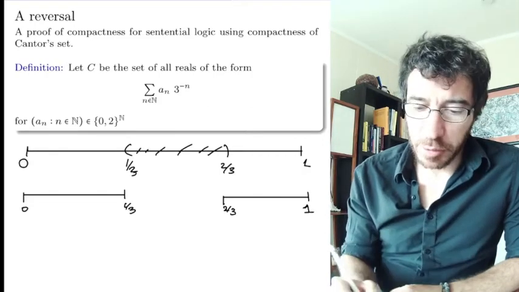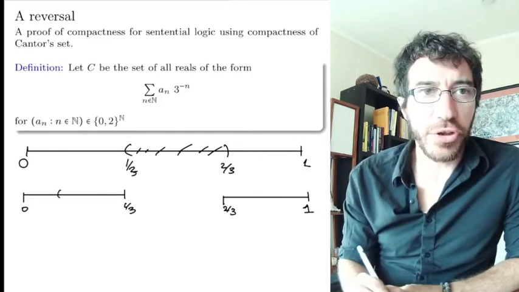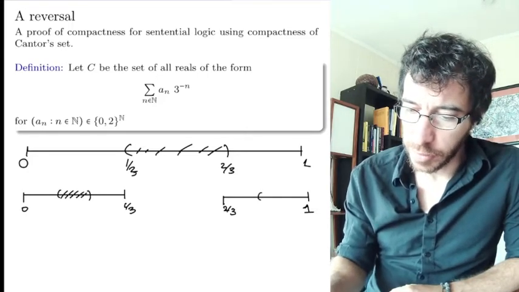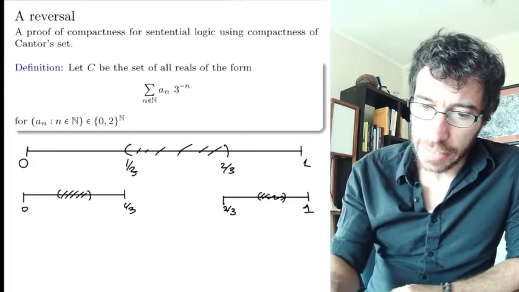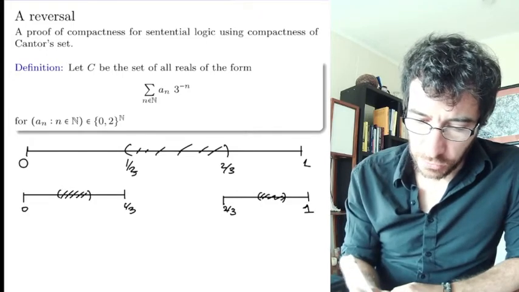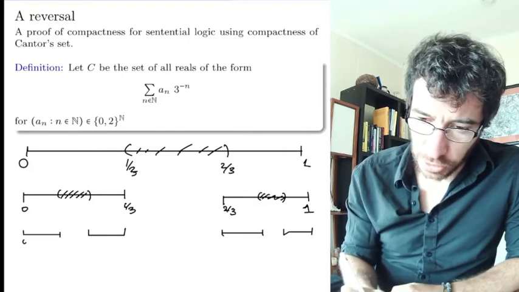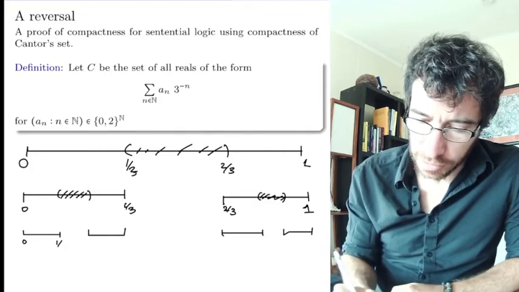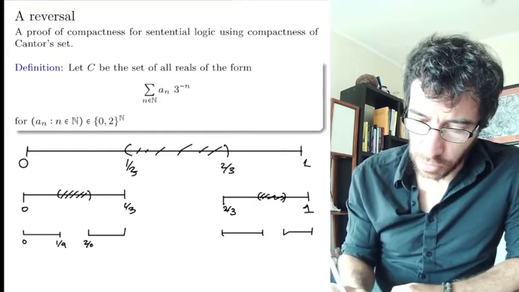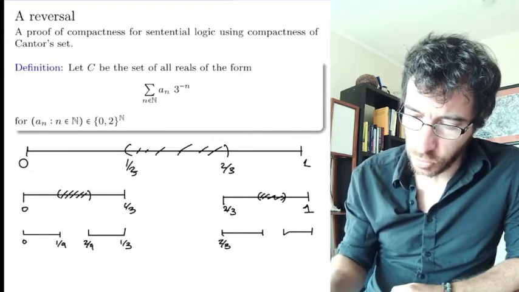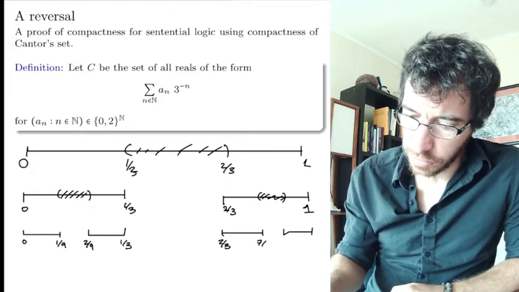And now we remove the middle third of each interval. We remove that one, and that one, and we end up with 4 intervals, which go from 0 to 1/9, 2/9 to 1/3, 2/3 to 7/9, and 8/9 to 1.